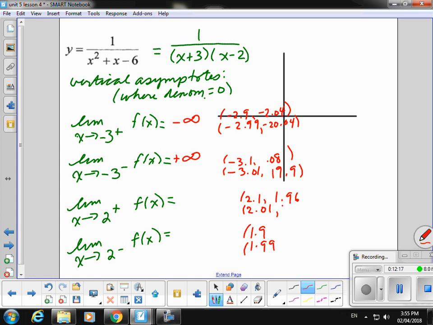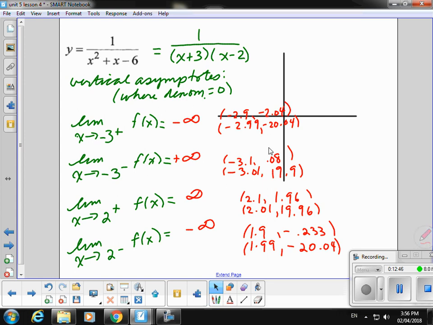We go a little closer, 19.96. Looks like it's approaching infinity. From the left side, the y value of -0.233, and then a little closer, -20.04, appears to be approaching negative infinity.